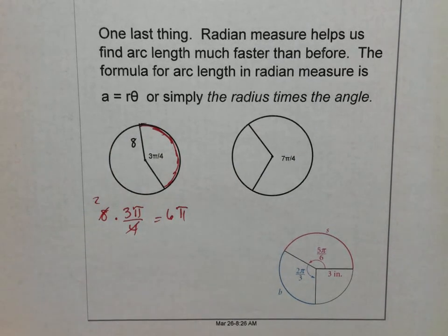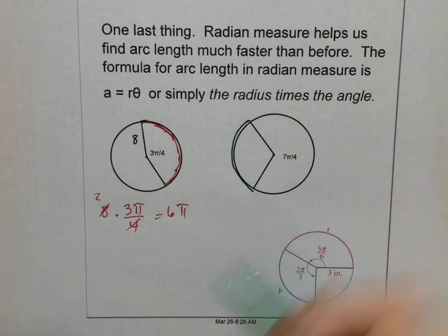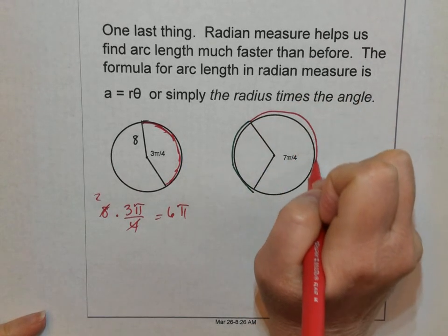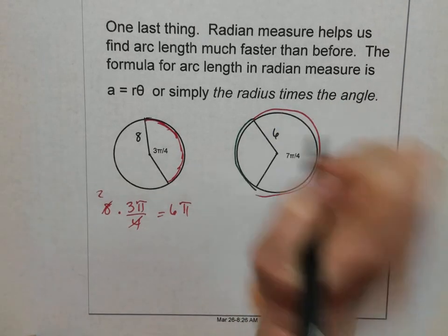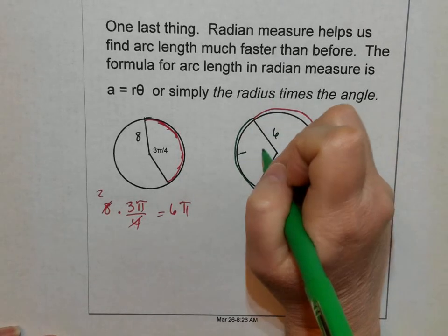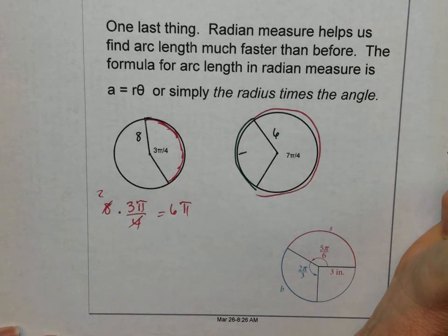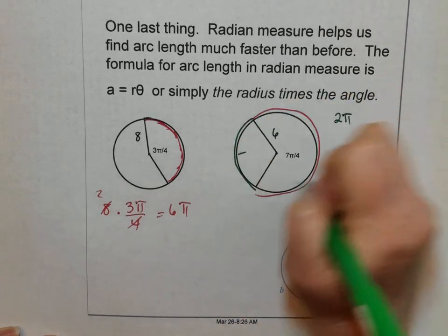Done. If I want to find the arc length over here, I'm going to do both of these by the way. This one is green and this one is red. And I'm going to tell you that my radius this time is 6. So to do the green one, I have to figure out what the angle measure is. Well, now wait a minute, let's think about this. 2 pi all the way around the circle, right?